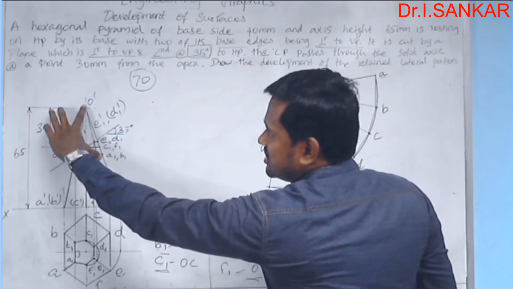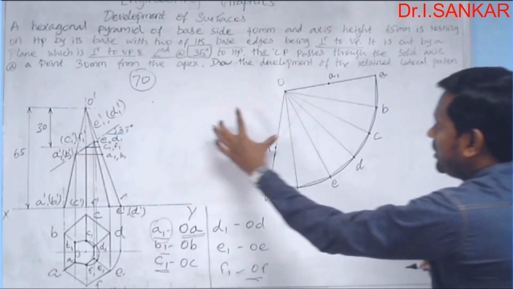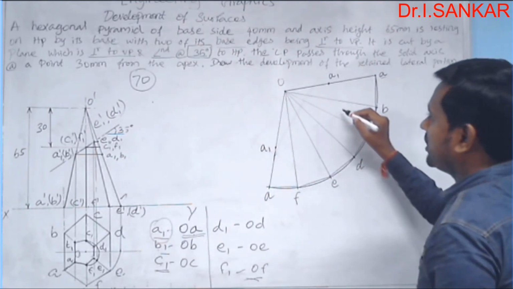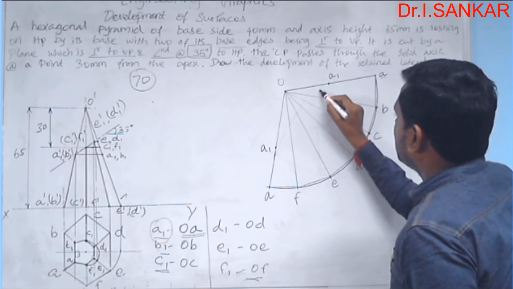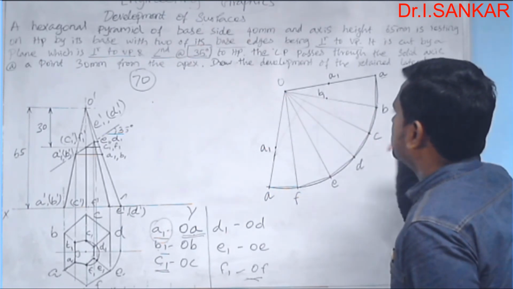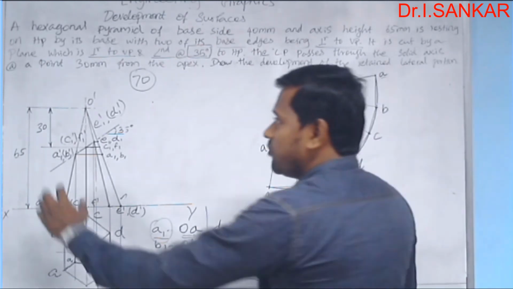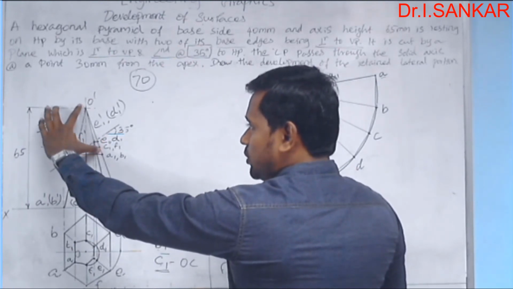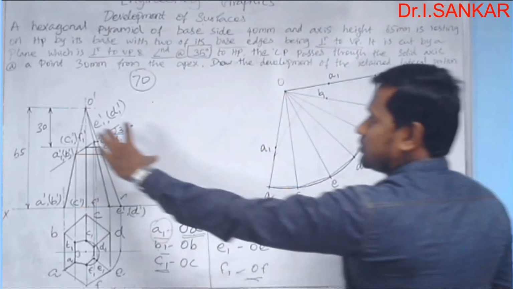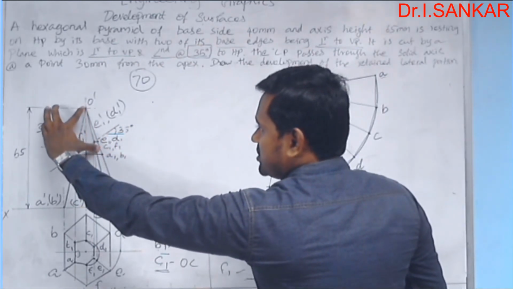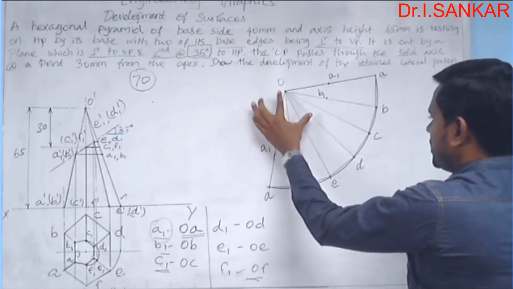Measure this distance O dash B1 and in OB you have to mark it. This is B1. And in the same way, measure O dash C1. Actually C1 needs to be marked in OC. So with the same distance O dash C1, mark it in OC.